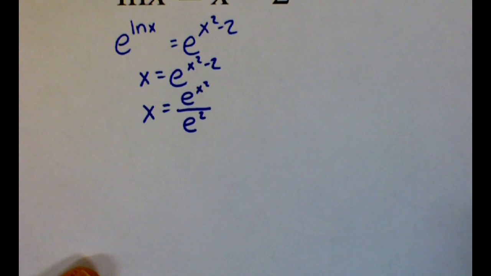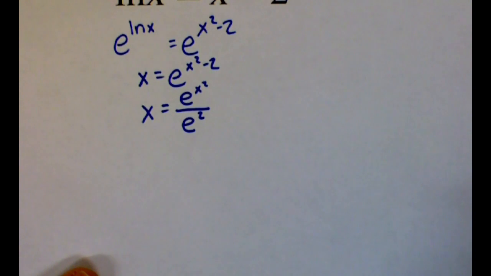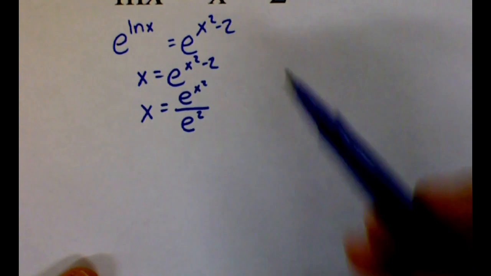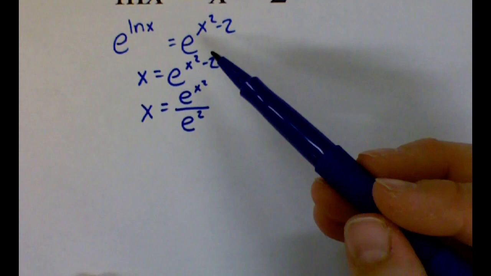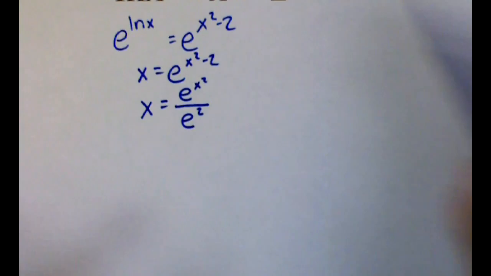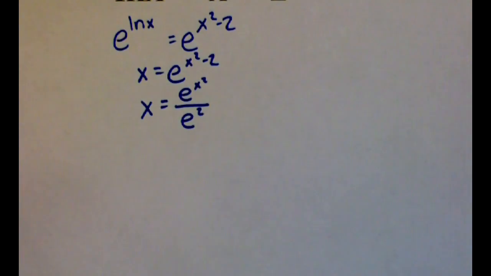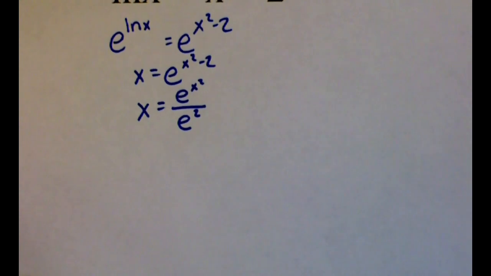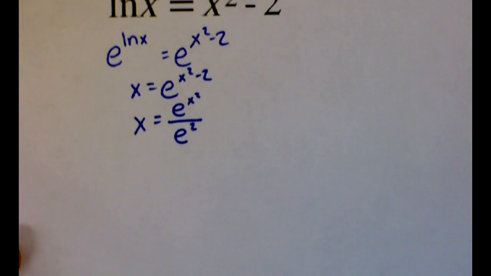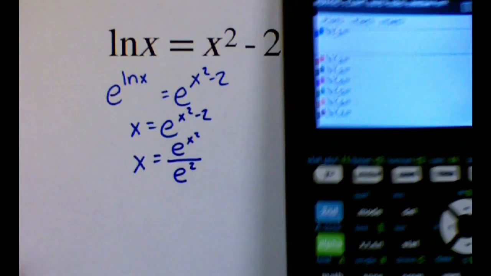I could make it e to the x power, but again, that doesn't help me. I could do a lot of things, but nothing really helps. This is the type of problem that I would say your graphing calculator would be the best bet.